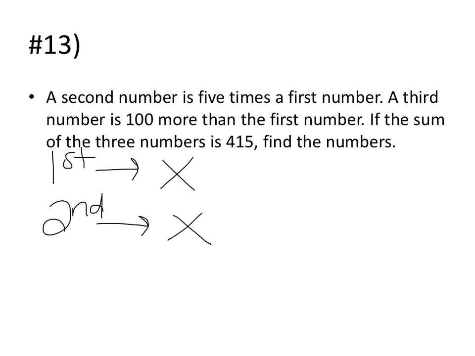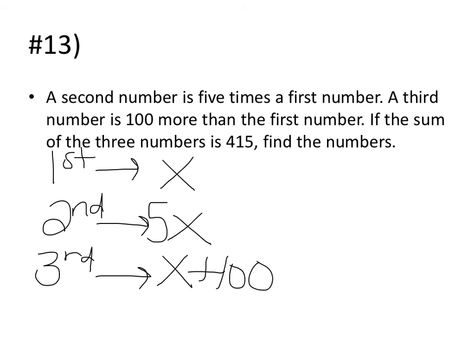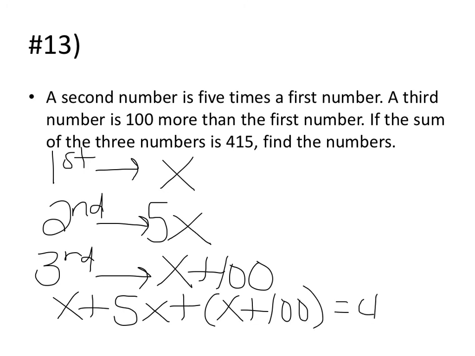A second number is 5 times a first number. A third number is 100 more than the first number. If the sum of the three numbers is 415, find the numbers. So we've got x plus 5x plus x plus 100 equals 415.